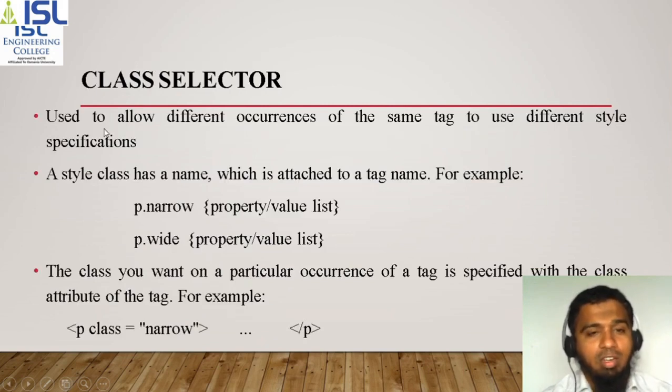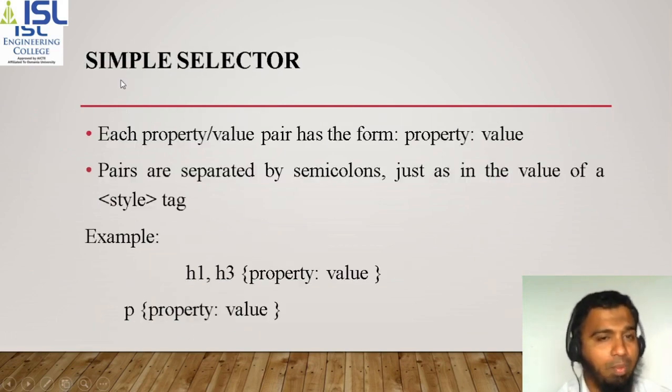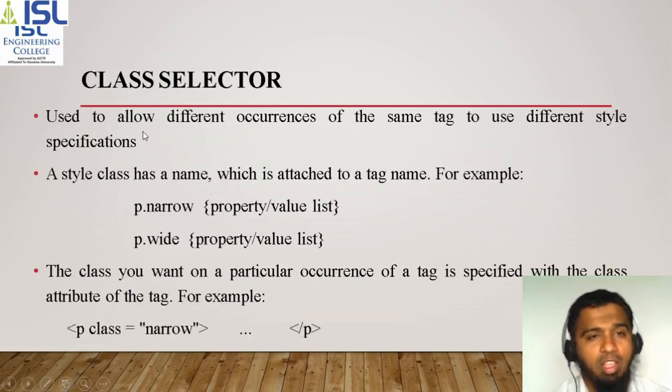Okay, class selector. It is used to allow different occurrences of the same tag to use different styles. So what is the disadvantage of simple? We can overcome it with the class. How?